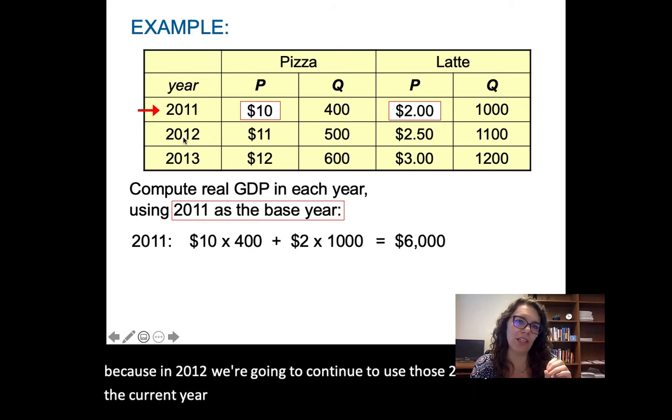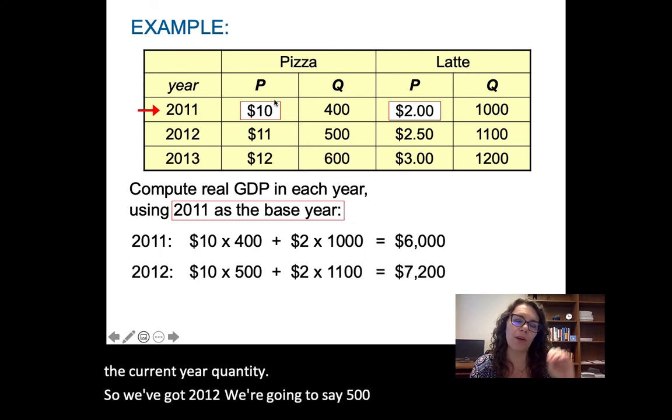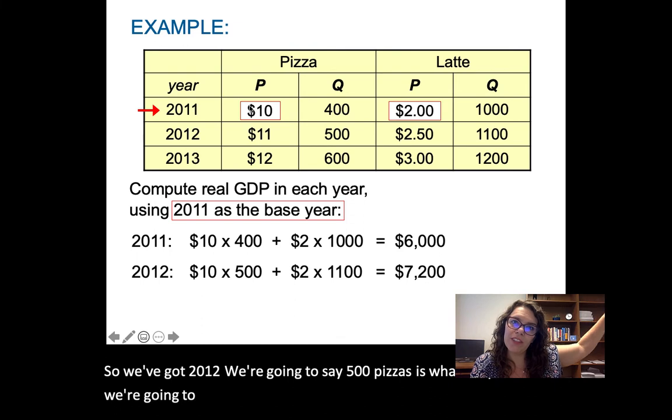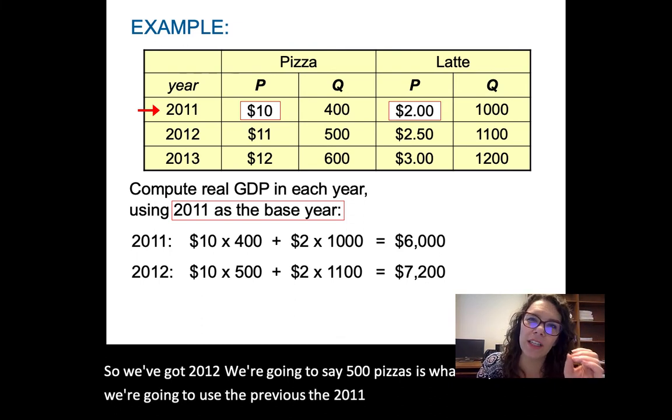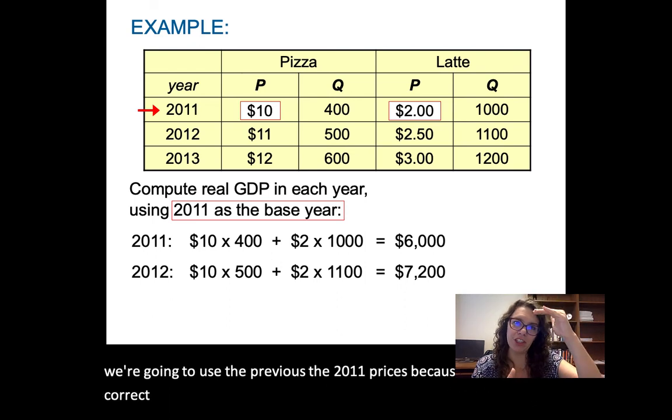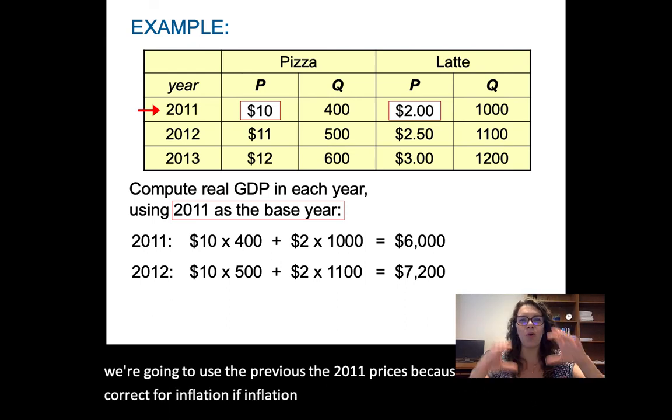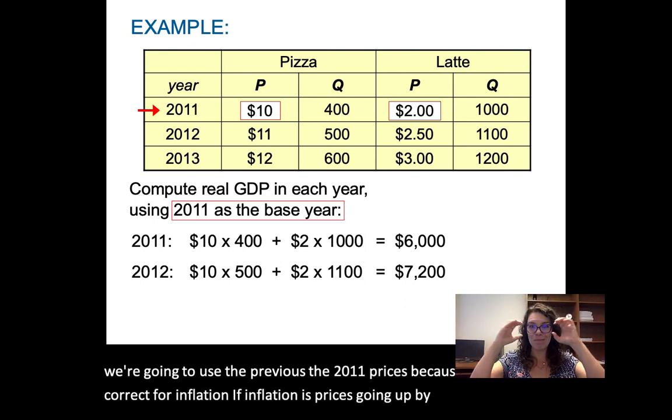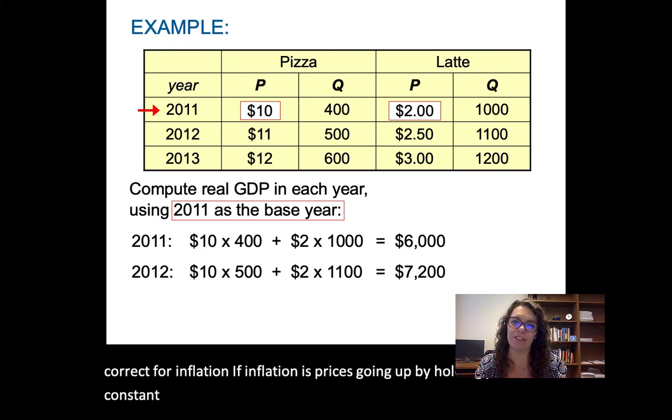So we've got 2012, we're going to say 500 pizzas is what we produce, but we're going to use the 2011 prices because we want to correct for inflation. If inflation is prices going up, by holding prices constant in a base year, we correct for inflation.